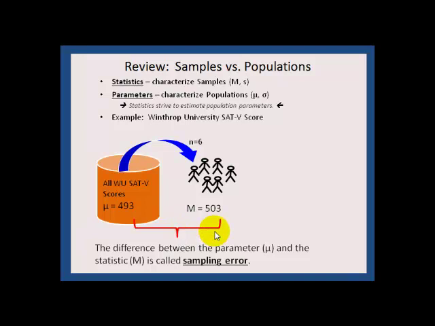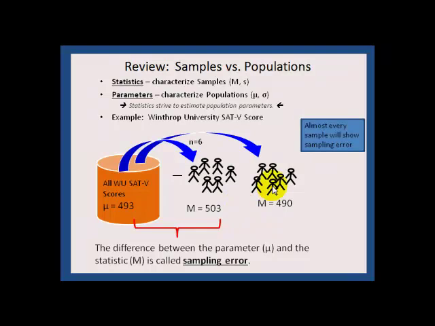If we draw another sample of 6, you're going to get a slightly different sample mean, and you'll get a distribution of these sample means around mu. So the key takeaway is that almost every sample is going to have some sampling error. We hate sampling error because it makes it hard to tell if any difference is due to a treatment effect or some kind of intervention that we've done, or whether it's just background noise.